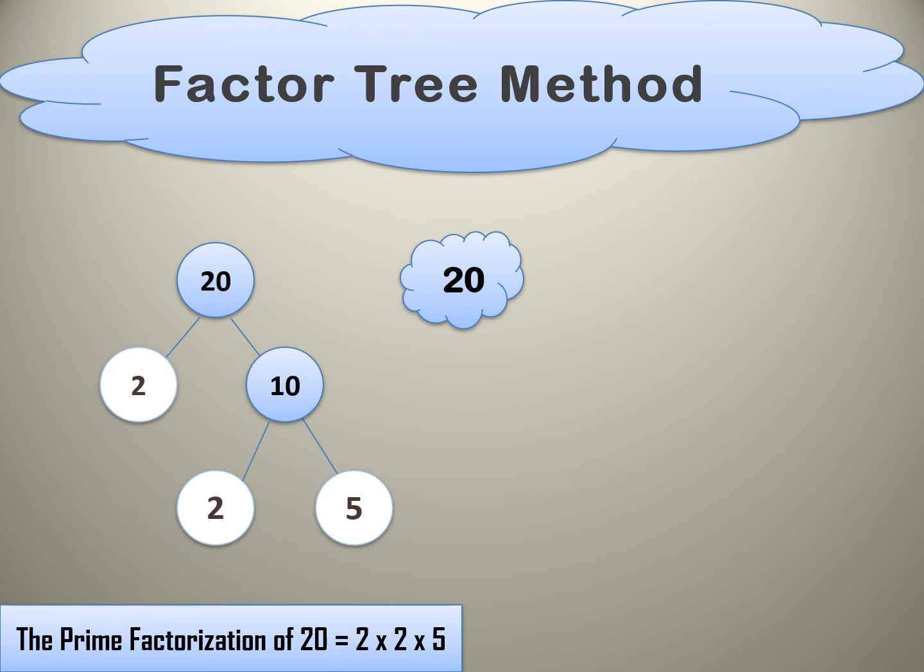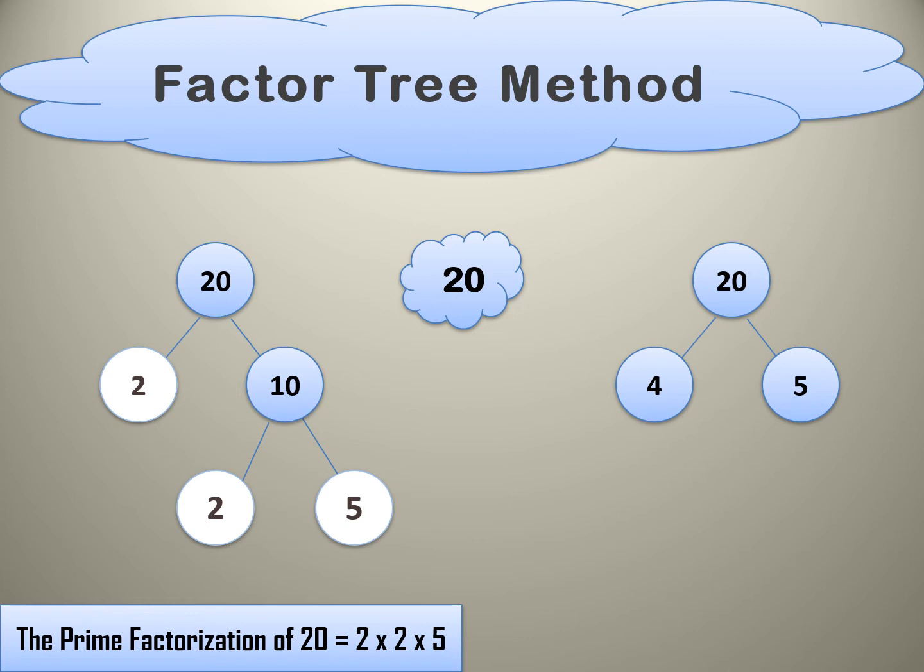Now I know what some of you are thinking. I did not want to factor 20 into 2 multiplied by 10. I wanted to factor it into 4 multiplied by 5. Well, okay then. Let's try it that way. This time we will start by factoring 20 into 4 multiplied by 5. But remember, we need to keep factoring until all factors are prime numbers. So let's see.